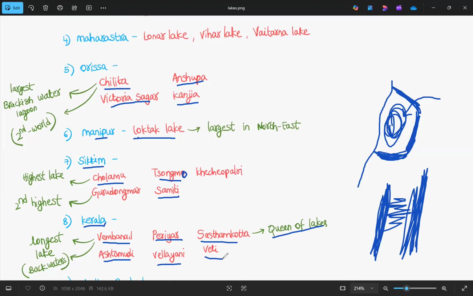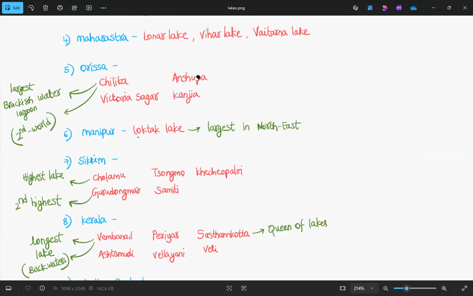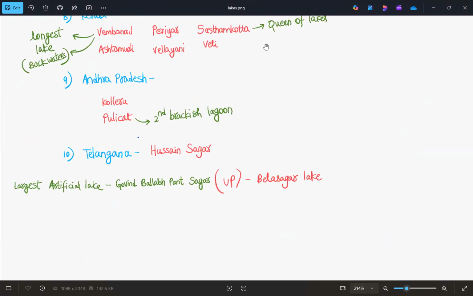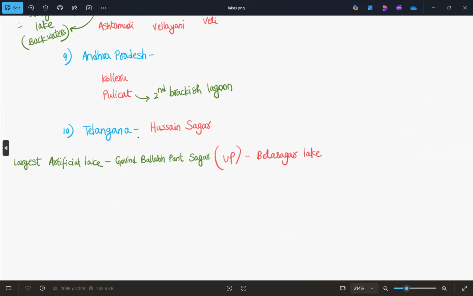And the second lake is Ashtamudi, third one Periyar, fourth one Vellayani, fifth one Sastamkota, which is also called Queen of Lakes, and the sixth one is Veli Lake. Now let's move to the next state.